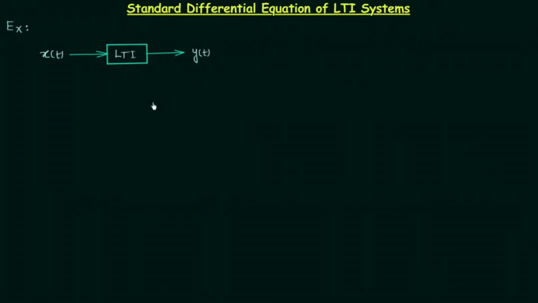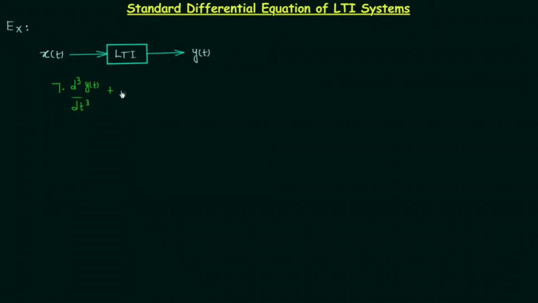This LTI system has one differential equation, and the differential equation has two different parts. The first part has the output y(t) and its derivatives, and I will write down the first part on the left hand side. The first term is 7 times the third derivative of output y(t) with respect to time t.